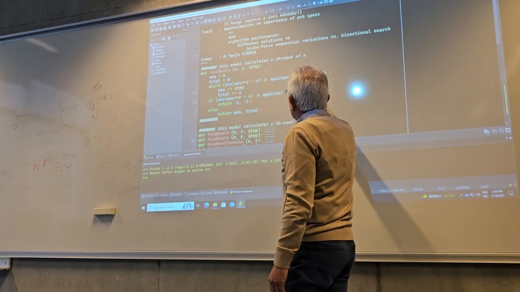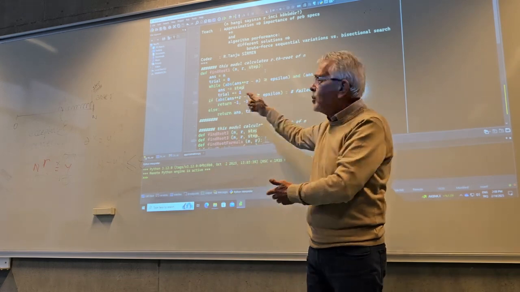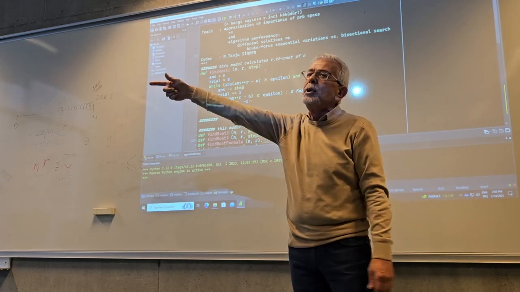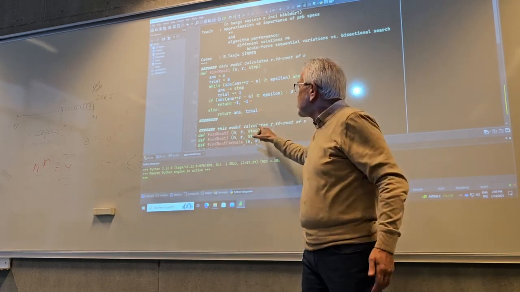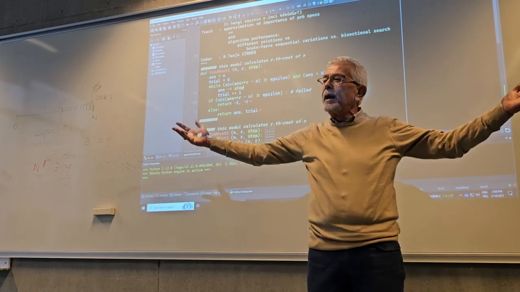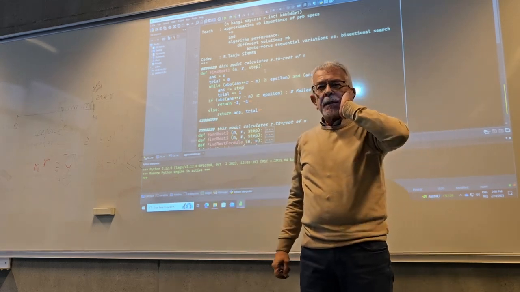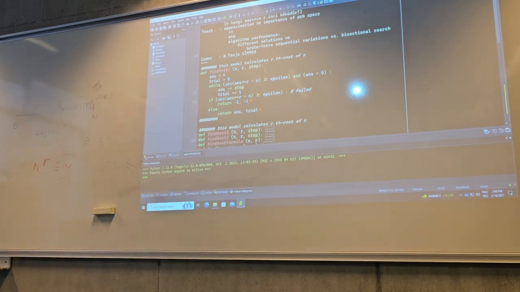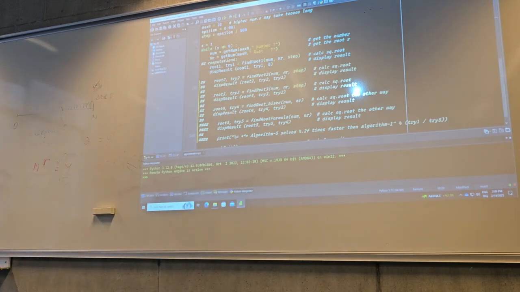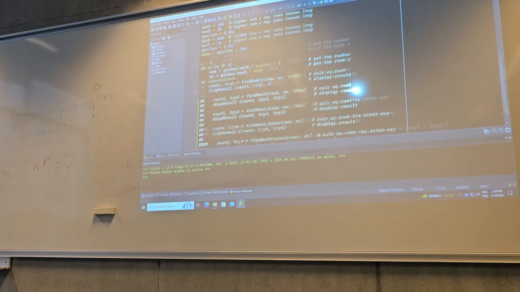But I also put another check here. If I jumped over it accidentally, that means I moved beyond 0, then I just return -1, which means that I couldn't find the answer. At the end, after getting the answer, I display the result.